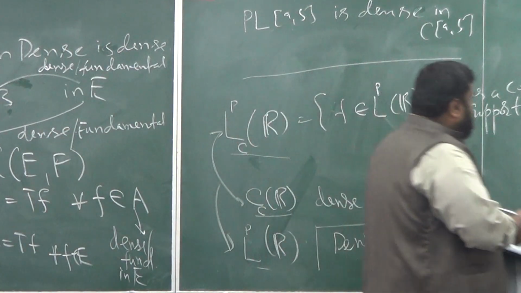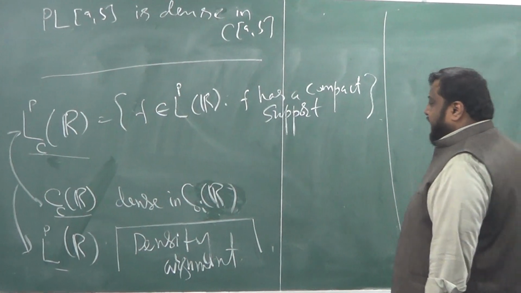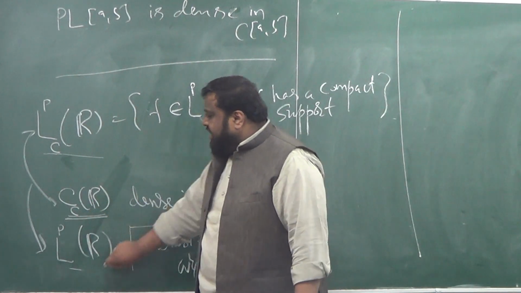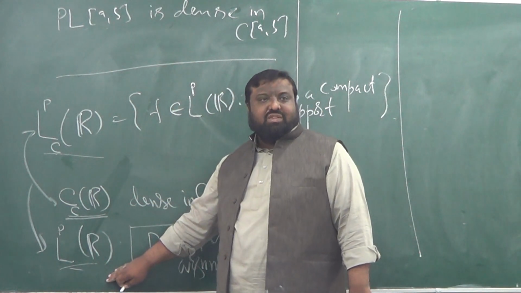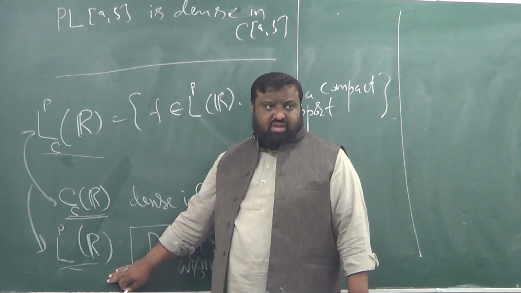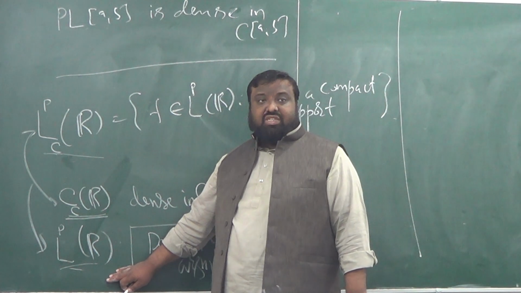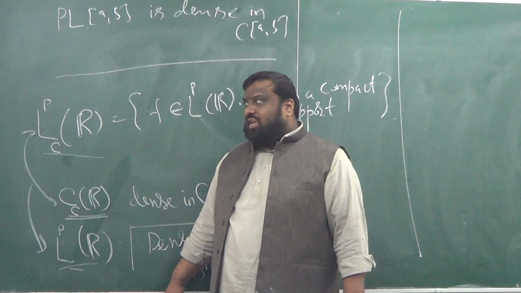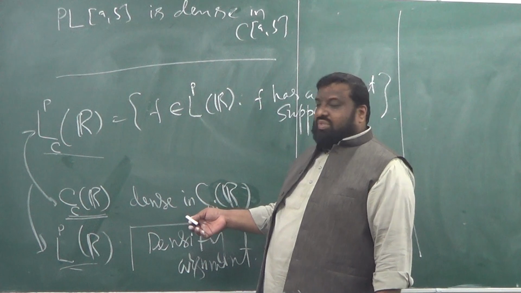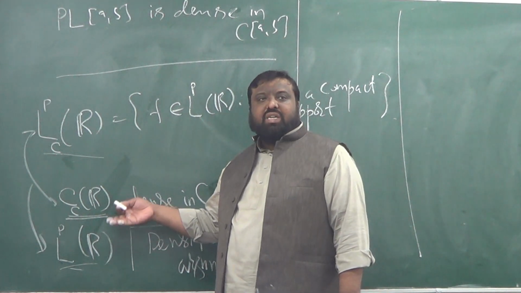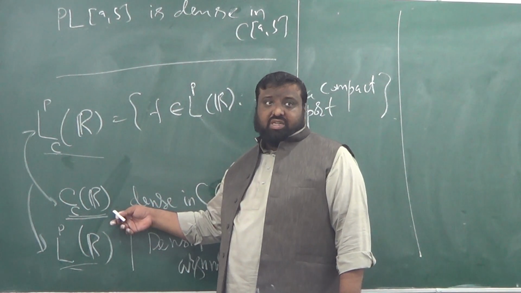So how are we going to prove this? If you remember, we discussed roughly and intuitively how this is dense, in the lecture before yesterday's lecture, at least in the case of L1 and L2: how a function that is integrable over R can be approximated by a continuous function with compact support.